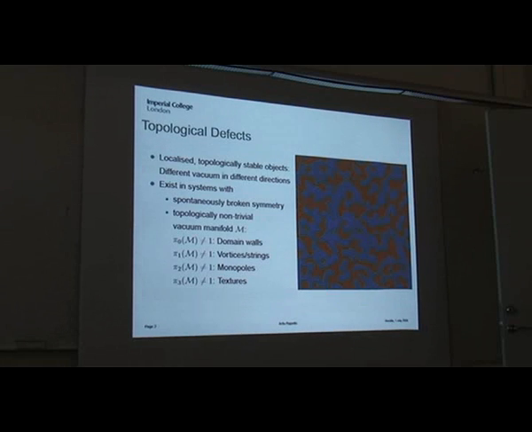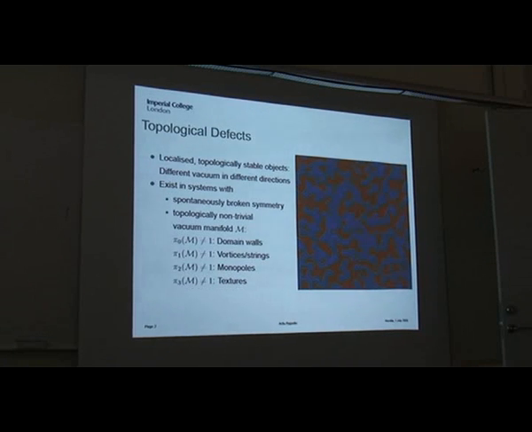Because then you have different possible vacua related by the symmetry, and if in different directions the system approaches a different vacuum, and the vacuum manifold has non-trivial topology, then you can get a situation where there's a frustration, and somewhere in the middle the system can't be in the vacuum.